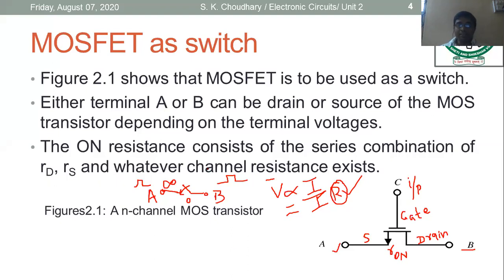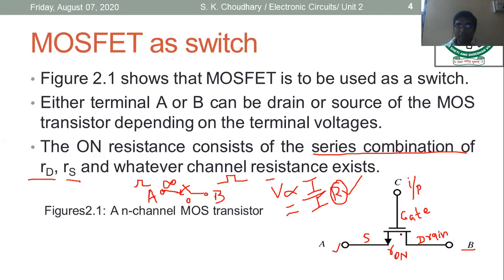The on resistance consists of a series combination of RD, the drain internal resistance, RS, the source internal resistance, and whatever channel resistance exists, because between drain and source there is some channel.